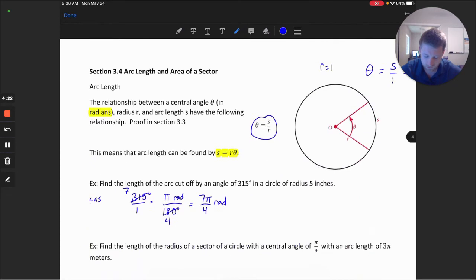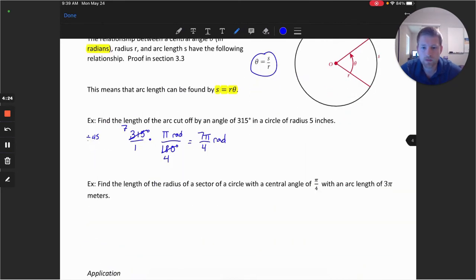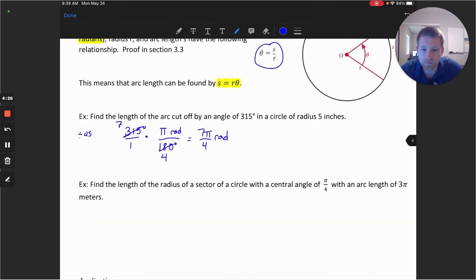And now we can actually use our arc length formula. So we know that arc length s is equal to the radius, that's 5 inches, times 7 pi over 4 radians. And we multiply that through, 5 times 7 is going to give us 35 pi over 4.